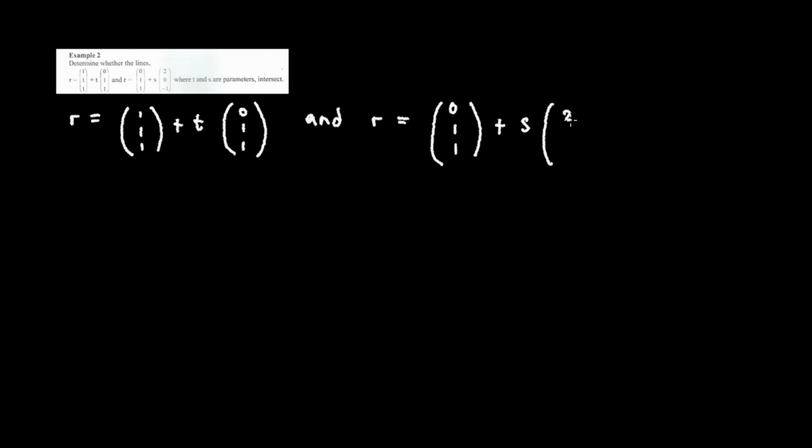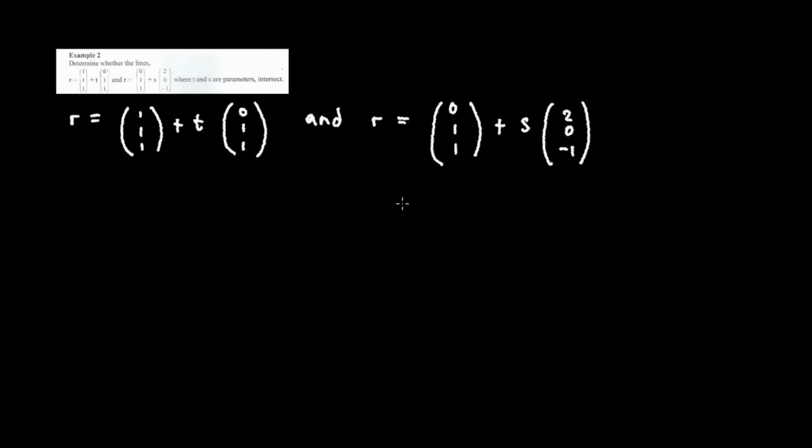So the question is: determine whether the lines r is equal to (1, 1, 1) plus t (0, 1, 1) and r is equal to (0, 1, 1) plus s (2, 0, -1), where t and s are parameters, intersect.